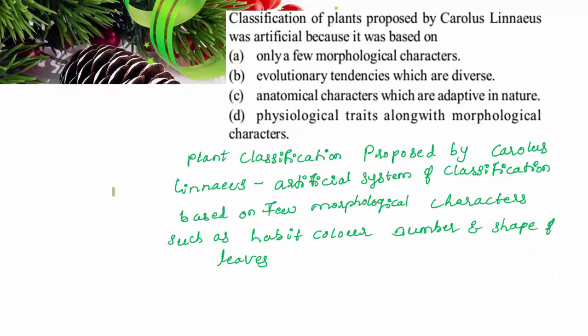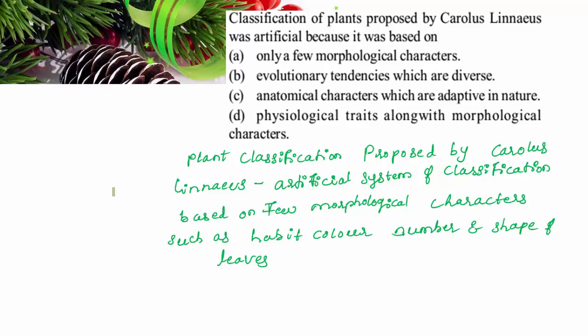The classification of plants proposed by Carolus Linnaeus was artificial because it was based on only a few morphological characters, not evolutionary tendencies, anatomical characters, or physiological traits.